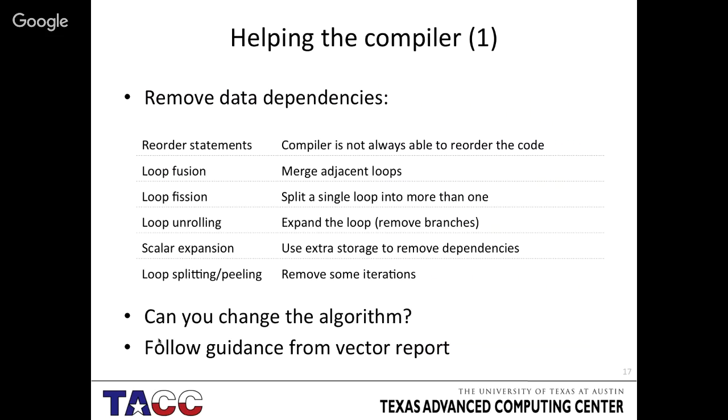One of the big things in helping the compiler is, of course, to remove these dependencies, and there are different ways. Sometimes reordering things can eliminate this. One of the big things that helps the compiler in vectorization and vectorization performance is possibly to fuse loops. Okay.